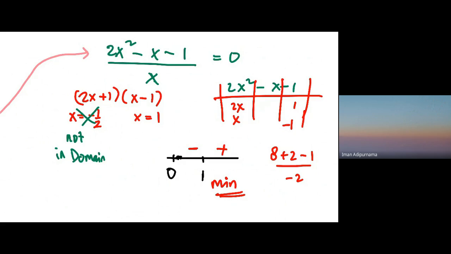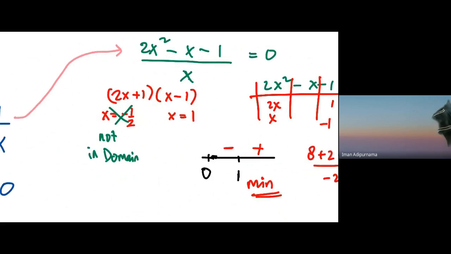For the domain, x cannot be 0, right? And we can also rewrite this form. Then actually we will have two values of x, negative 1 over 2 and 1. But why do I skip this negative 1 over 2? Remember the domain of the very original function.